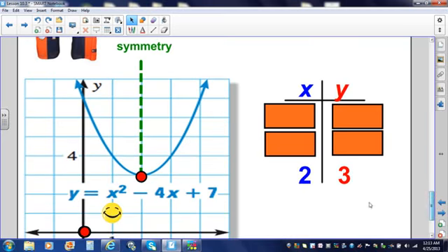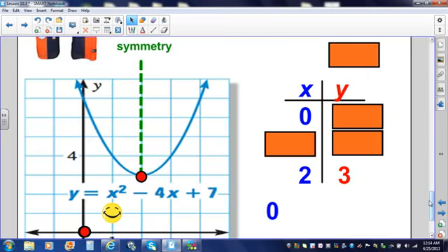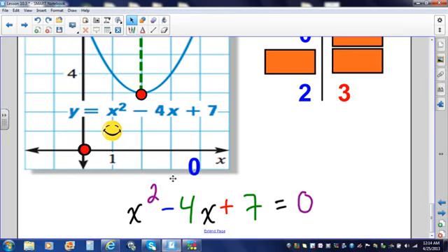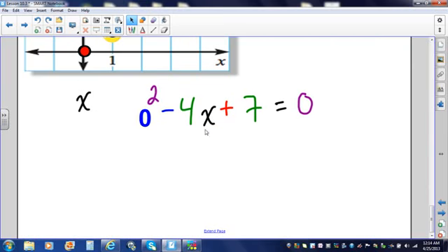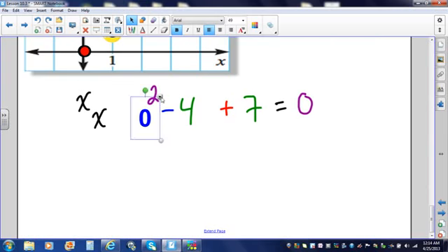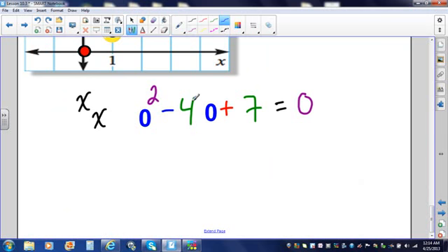Now, I told you my parabola opened up because x squared was positive. Let's plug and chug a couple more points. So let's put in 0 for x. We'll take out x and put in 0. 0 squared is 0.